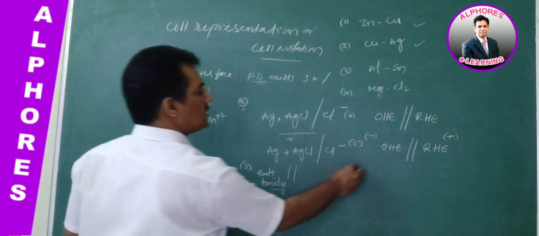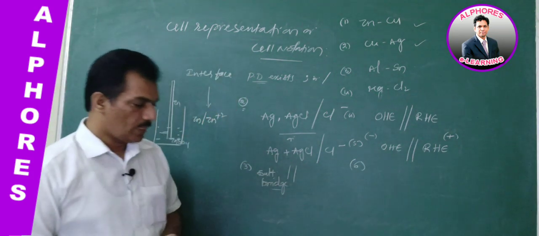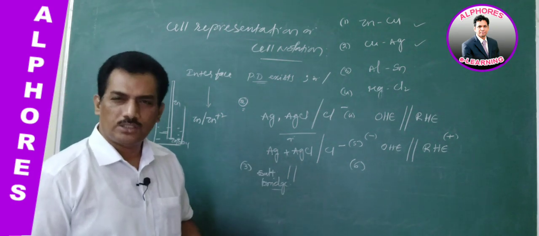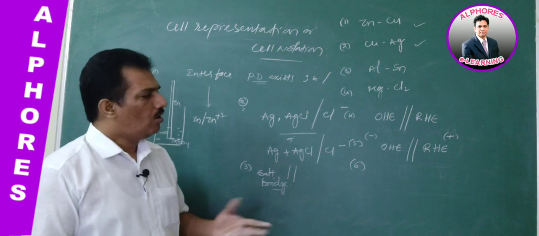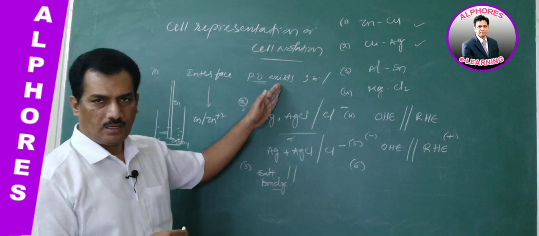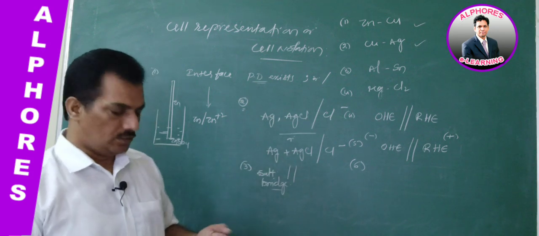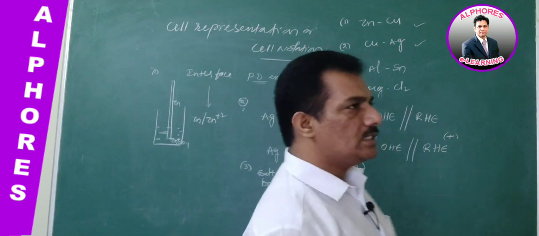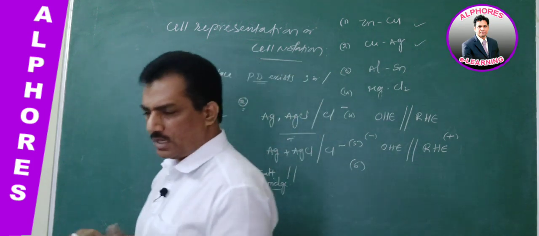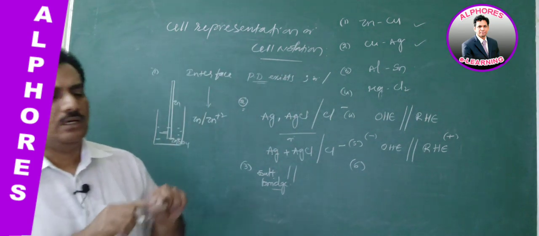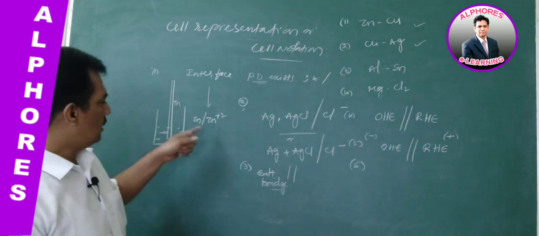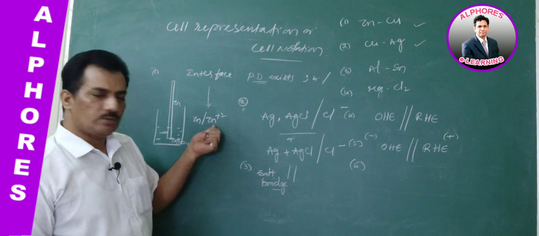And one more: if any concentration term, or any pressure term in case of gaseous electrodes, and the physical state of the chemical species are present, all these we can simply represent in the cell representation. Clear? For example, if hydrogen gas is present at 1 atmosphere or 1.5 atmospheres or 0.9 atmosphere, you can represent that simply within square brackets as a subscript of H2. Similarly, here we are writing Zn plus 2.